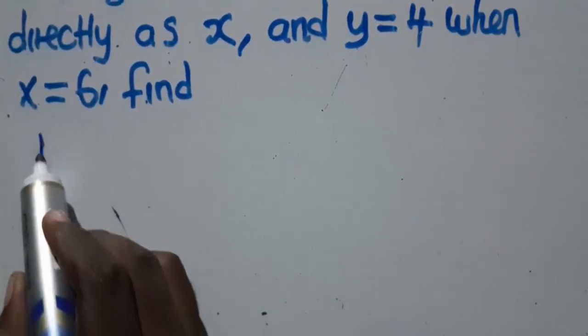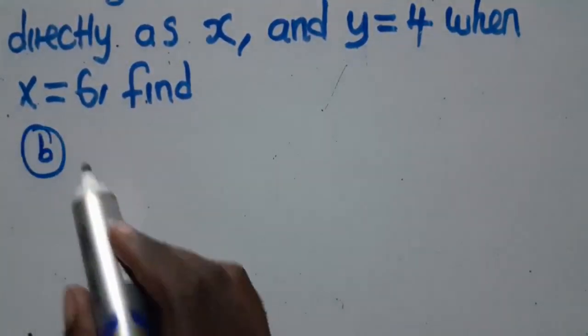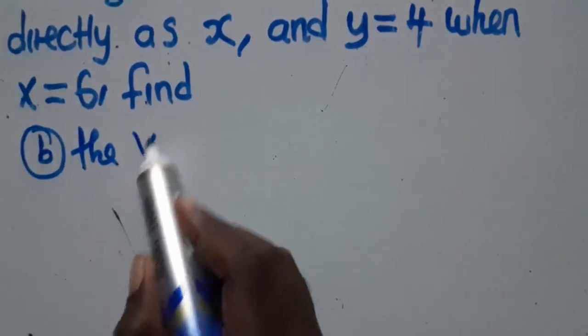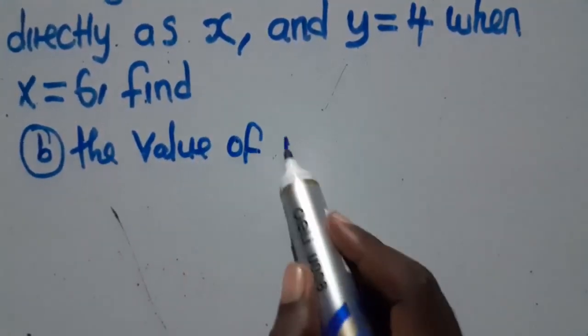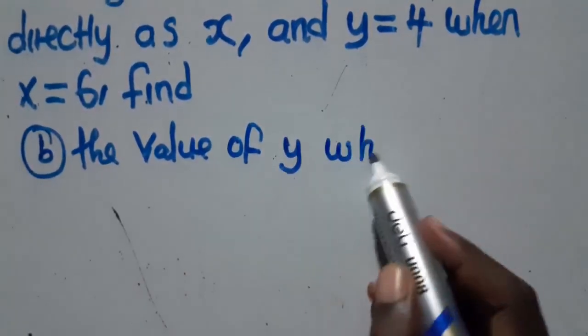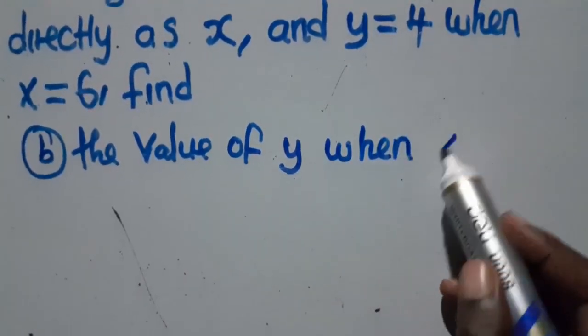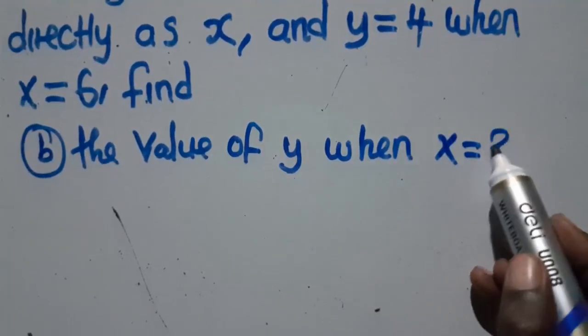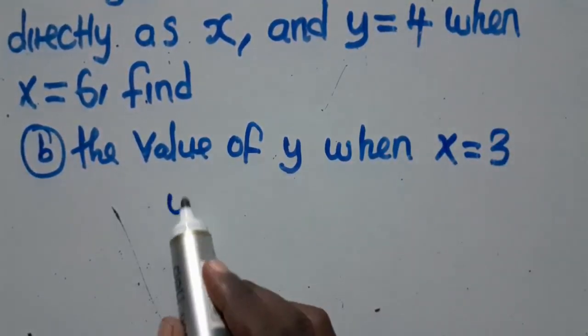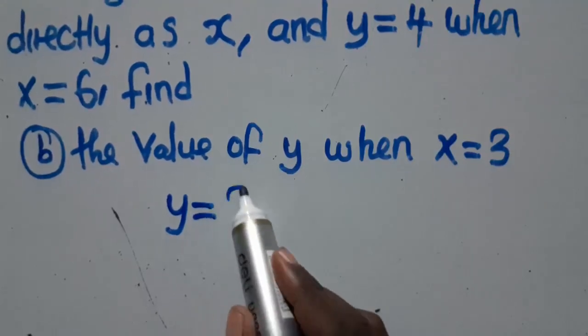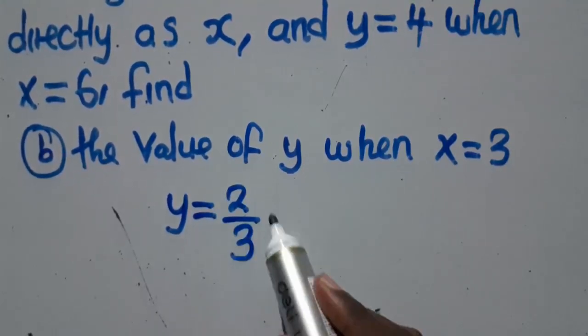B is saying, find the value of y when x is 3. You use the equation I've just given you.